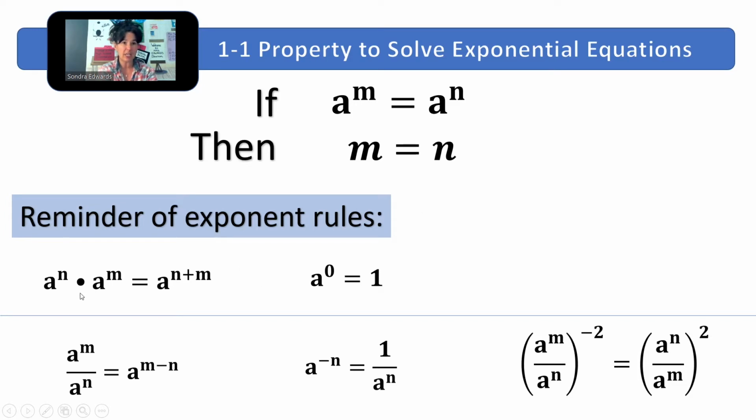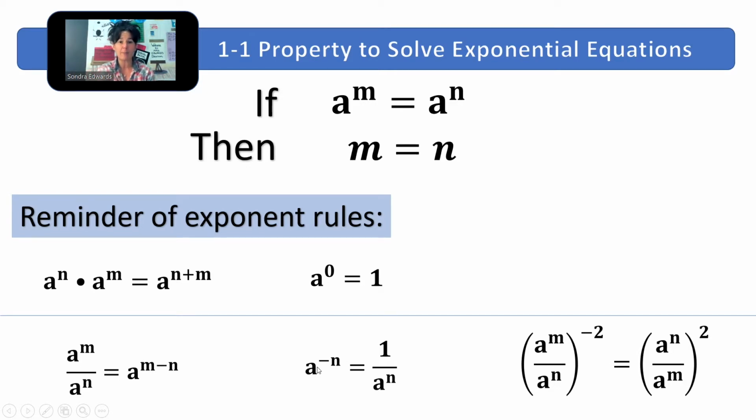I also put here, just for your convenience, a reminder of your exponent rules that you'll be using to force the bases to be the same. When you have like bases and you're multiplying, you add exponents. When you have like bases and you're dividing, you subtract the exponents. Any number to the 0 power is 1.